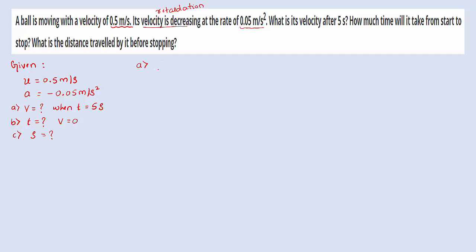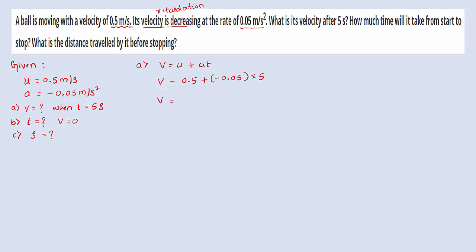Velocity when time is 5 seconds. The suitable equation of motion is v equal to u plus at. Substitute the values. We want the v value, keep as it is. Initial velocity is 0.5 meter per second plus acceleration is minus 0.05 and time is given 5 seconds.